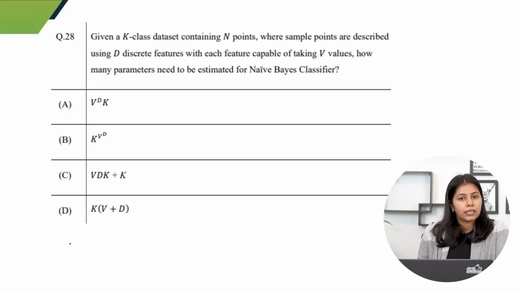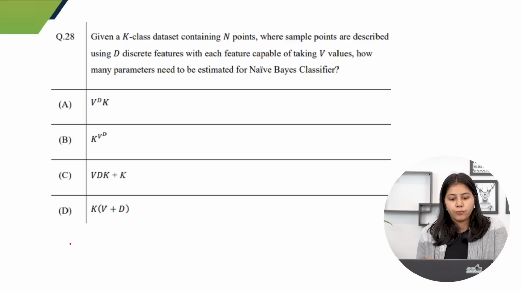So this is the next question. It says: given a K-class dataset containing n points, where sample points are described using d discrete features, with each feature capable of taking v values, how many parameters need to be estimated for a naive Bayes classifier? If you have studied the naive Bayes classifier, you can remember that we have to find all the probabilities in each of the discrete features, right?